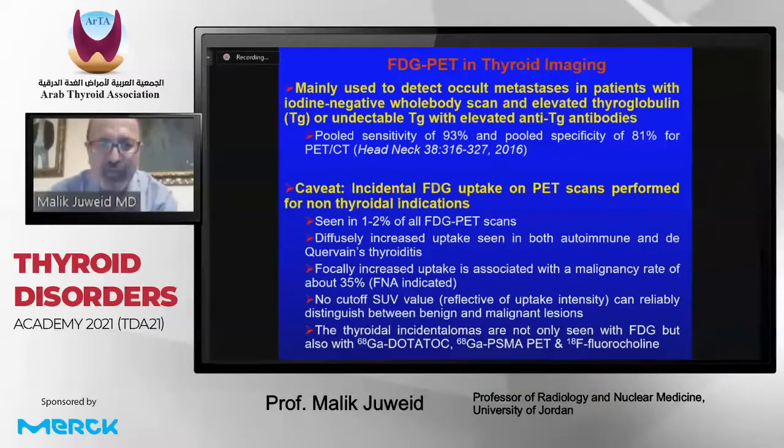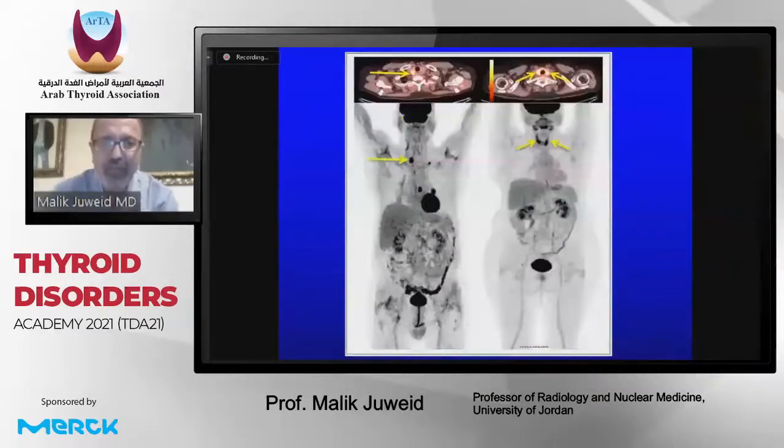So the hot focus is not unique to FDG, and in all these cases, it needs further attention. This is an example of a patient who had a hot nodule here. It's focal, so that needs further FNA, whereas the other patient has diffusely increased uptake, most likely autoimmune thyroiditis.